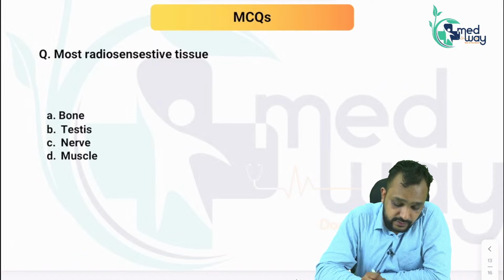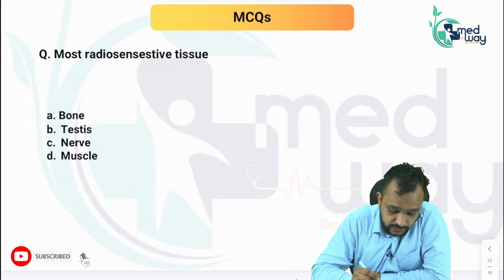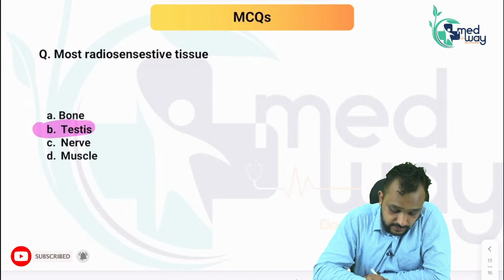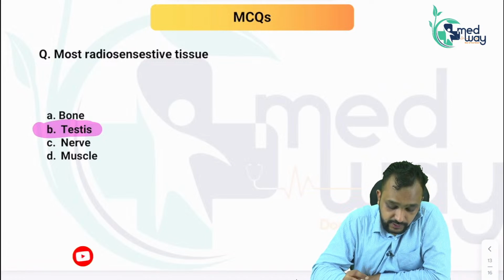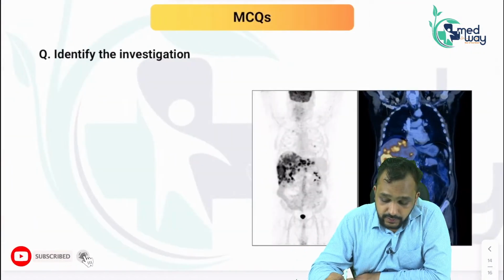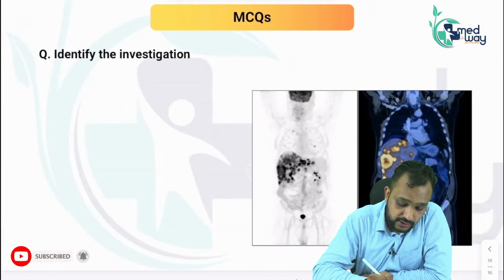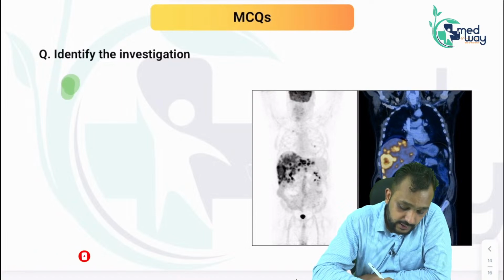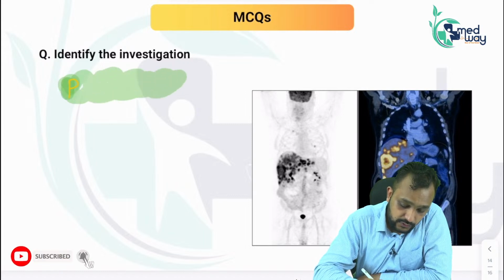The most radiosensitive tissue, which is again asked very frequently, is the testes. Again, one question was asked on the PET scan. You were, I think, asked to identify the investigation. What is the investigation shown? It was most likely a PET image which was given.